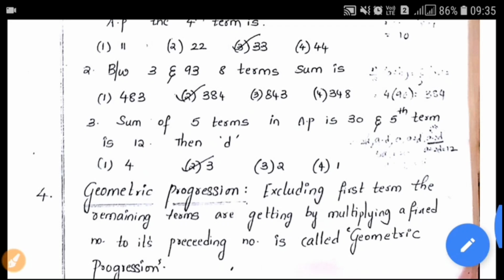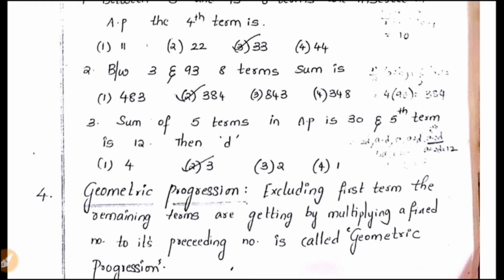The sum of 5 terms in AP is 30 and the fifth term is 12. Then find D. The sum of 5 terms means S5 is n by 2 into (2A plus (n minus 1) into D). Since 5 terms are given, we take A minus 2D, A minus D, A, A plus D, A plus 2D.